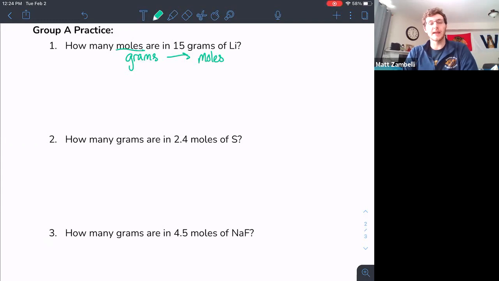And what do we need in order to go from grams to moles? What do we have to use? We need some conversion factor. What is that going to be? What's it called?